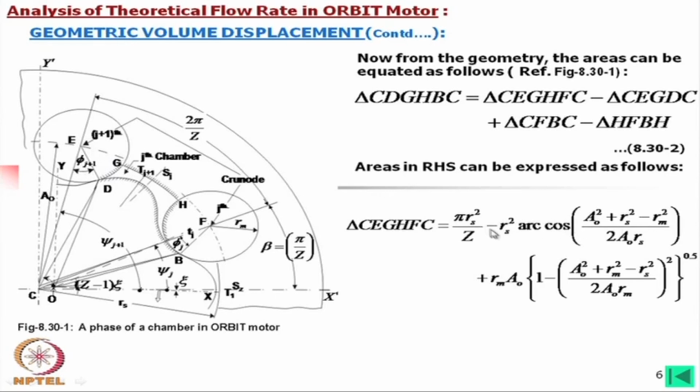Cos inverse of that into Rs square will give you this area. Now, plus Rm into A0 into 1 minus this will give this area. So, we are going to get this area out of that.